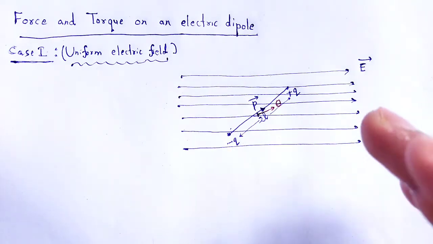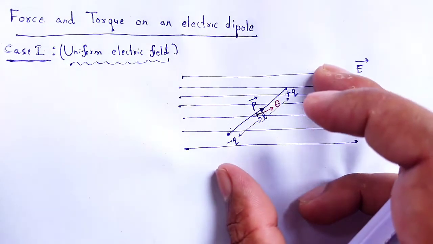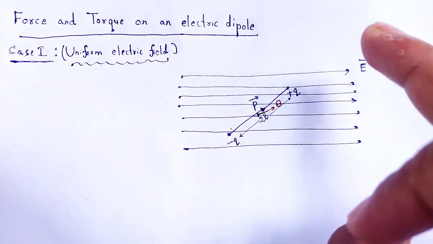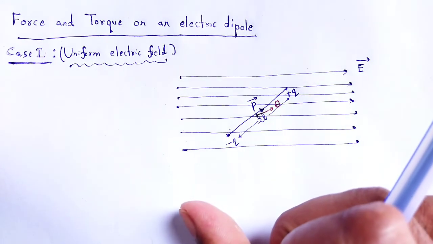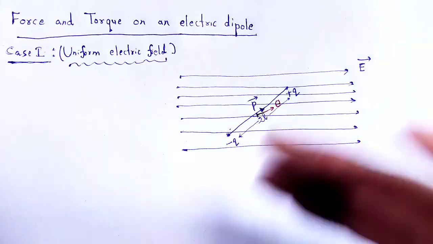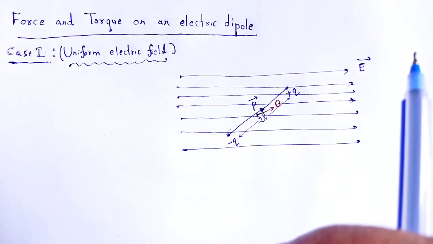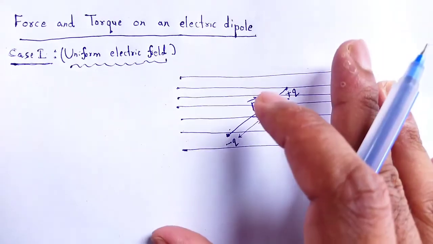When the electric dipole is placed in a uniform electric field, it experiences a torque. How?